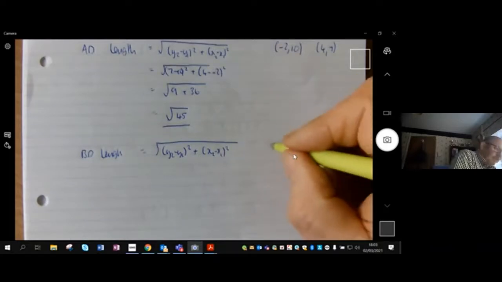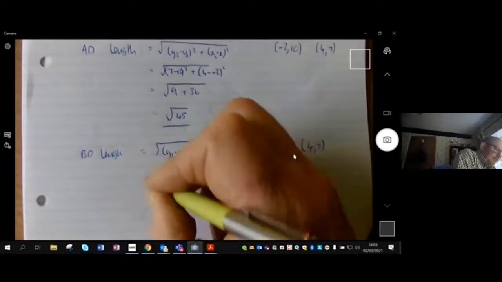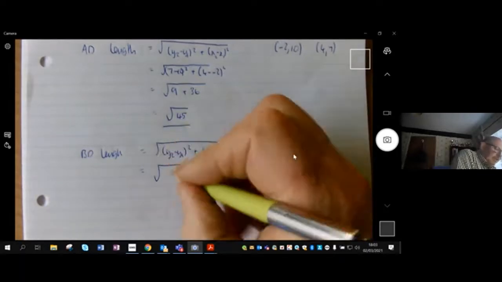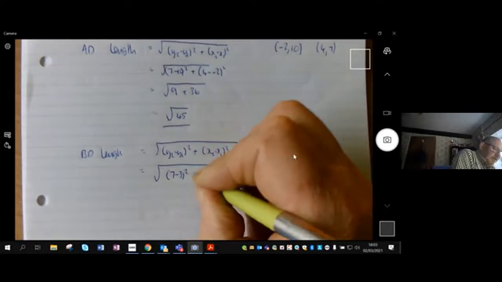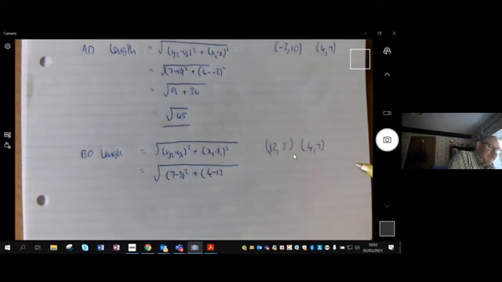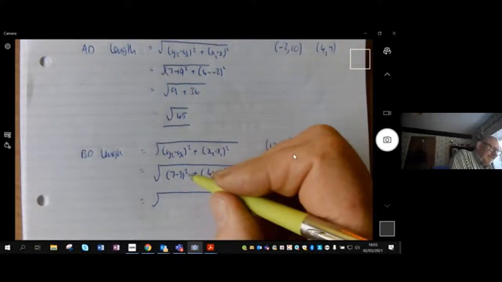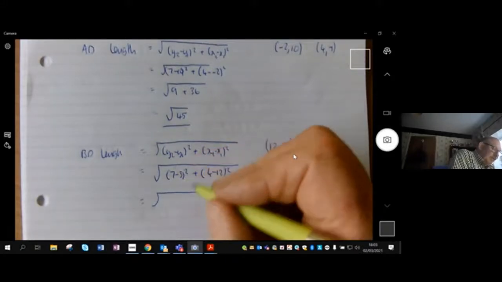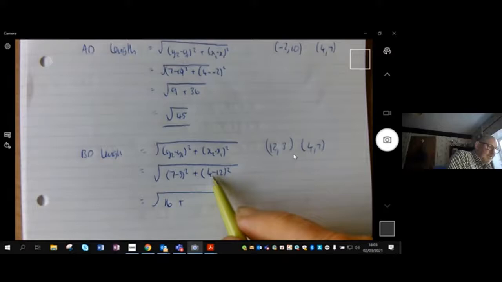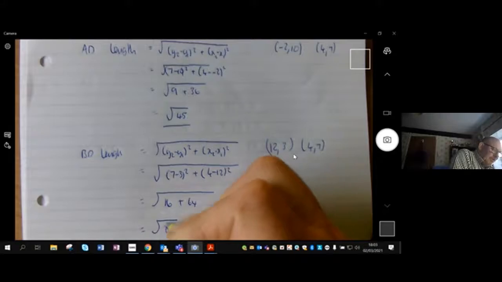B is 12, 3 and D is 4, 7 again, which is the square root of 7 minus 3 all squared plus 4 minus 12 all squared, which is the square root of 7 minus 3 is 4 squared is 16 plus 4 minus 12 is 8 squared is 64, which is root 80.